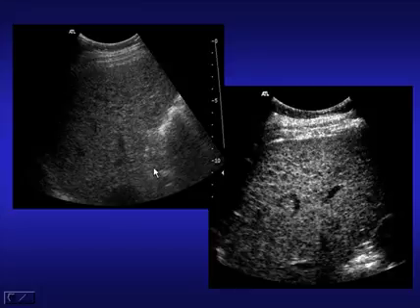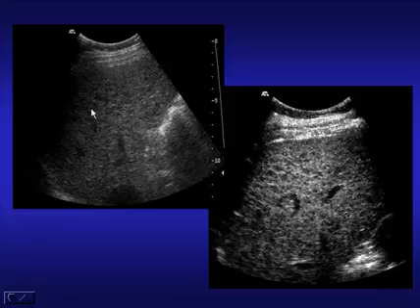We can also have some interesting observations in chronic liver disease. Here is a patient with cirrhosis with nodule formation that on the basic B-mode image we can see a rather diffuse nodular pattern.